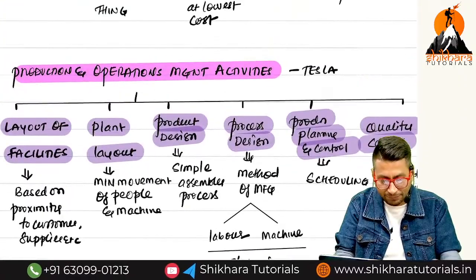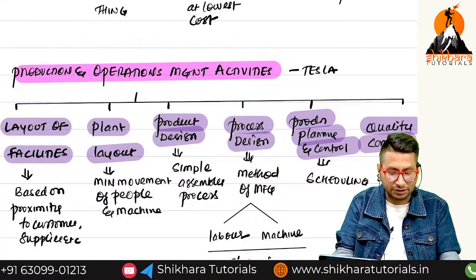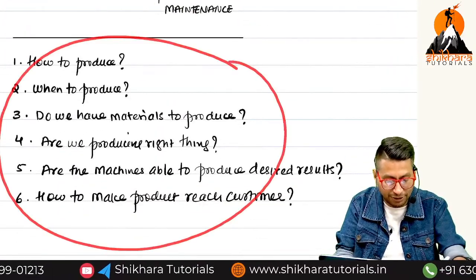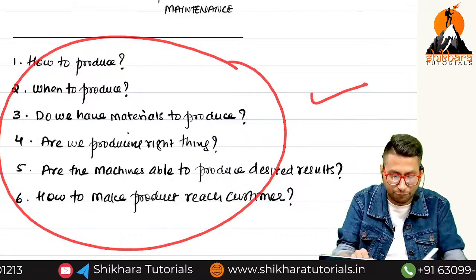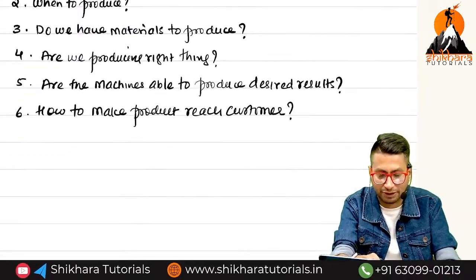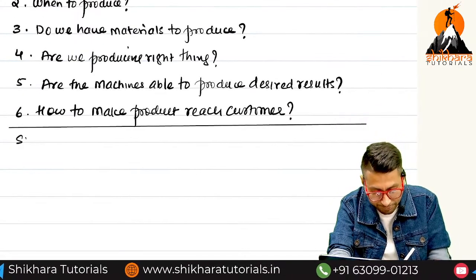What are we studying? Production and operations activity. These are the main points. After studying the main points, in your business you will be able to identify these things. In addition to this, the institute has also given a continuation.